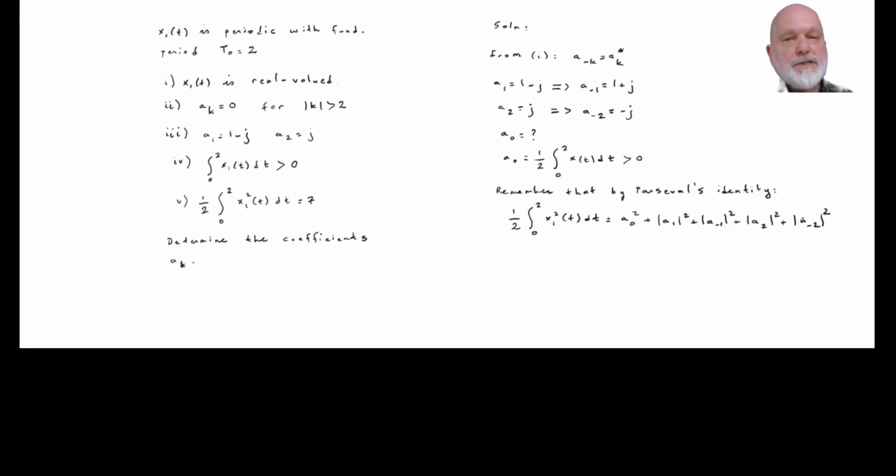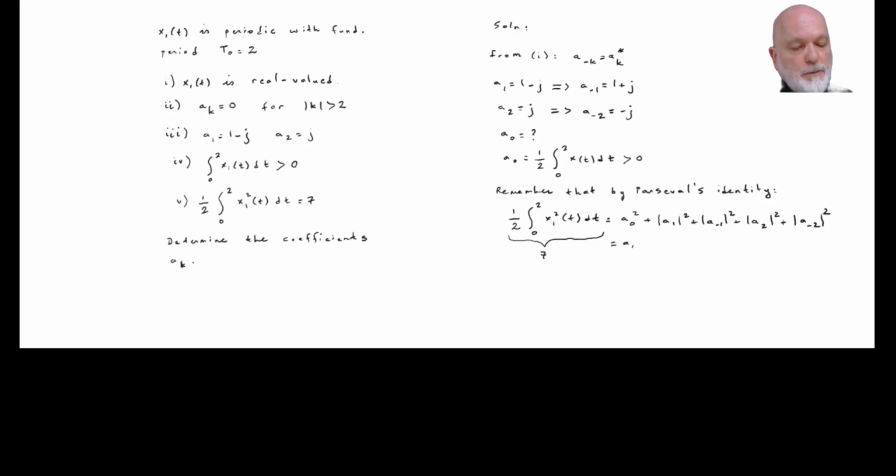Now, remember that in general, even for real valued signals, the Fourier series coefficients are in general complex valued, except the coefficient a0, which is real valued for real valued signals. That's why here I didn't write a0 magnitude square. The others are modulus square because in general they are complex valued. Now, this expression is equal to the numerical value 7.